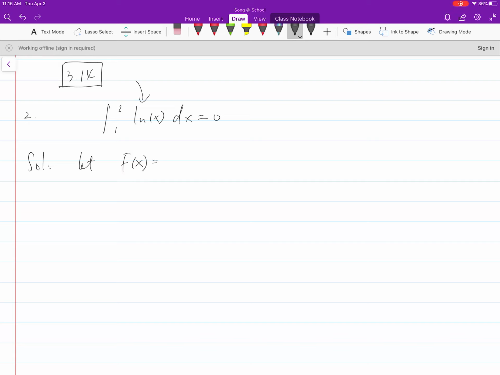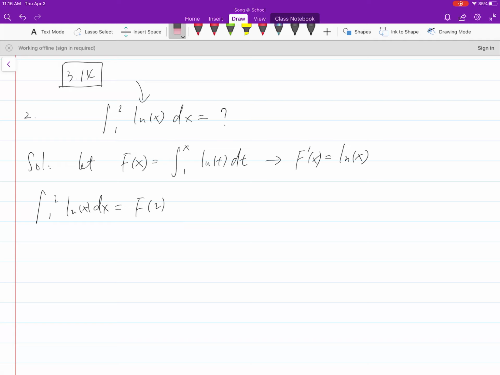I'm going to define f(x), which is the integral of this thing. So f(x) is going to be the integral from 1 to x of ln t dt. This implies f prime of x is actually ln x. Then this one, the integral of ln x dx from 1 to 2, is nothing but f(2) minus f(1).